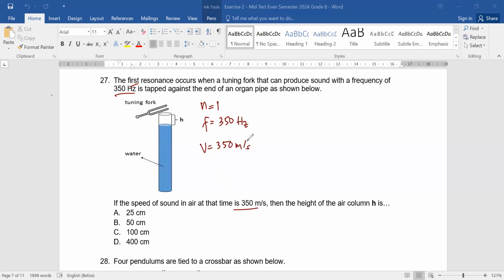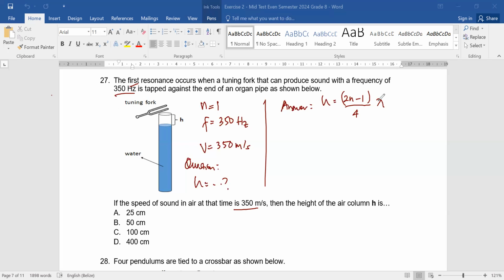Then we need to find the height of the air column. So the question is, what is h? If you remember, to answer this, h is always counted as 2n minus 1 over 4 times lambda, right? Lambda is the wavelength. The n here is given, but we don't have the information about lambda, so we need to count lambda first.